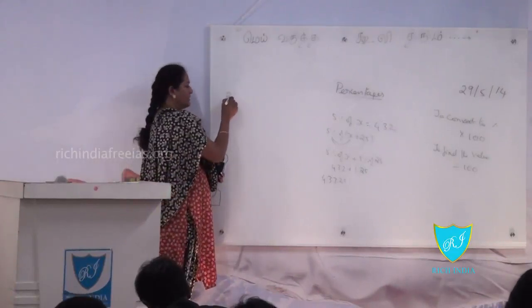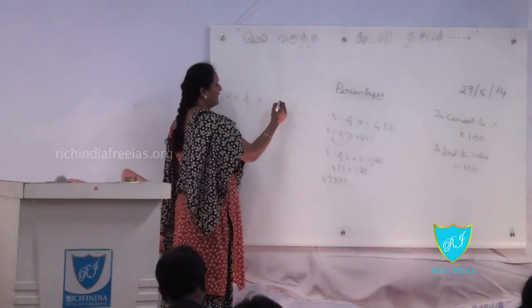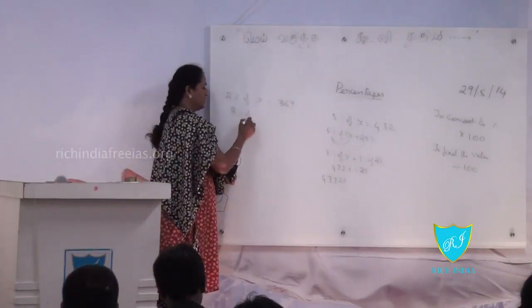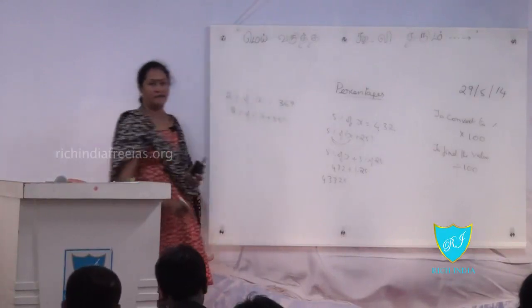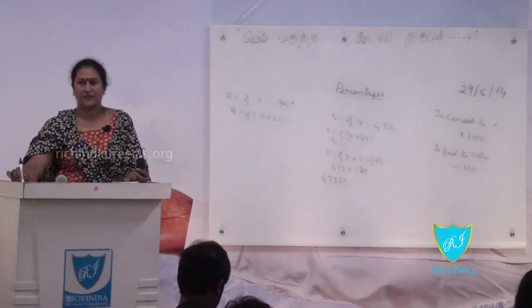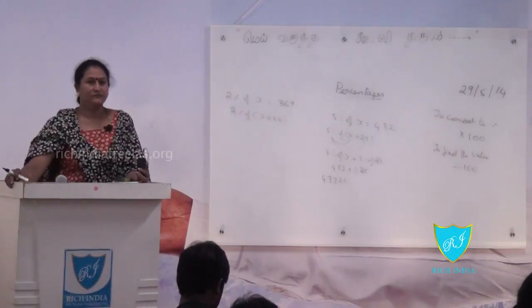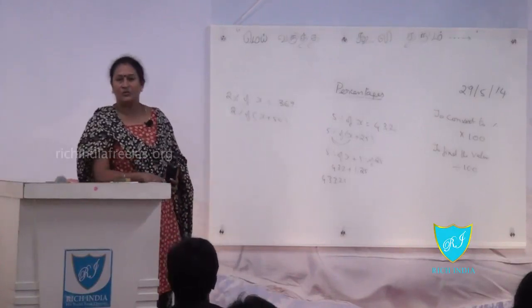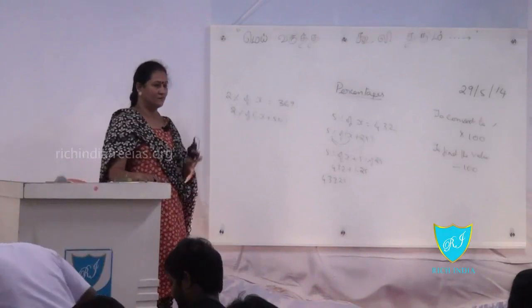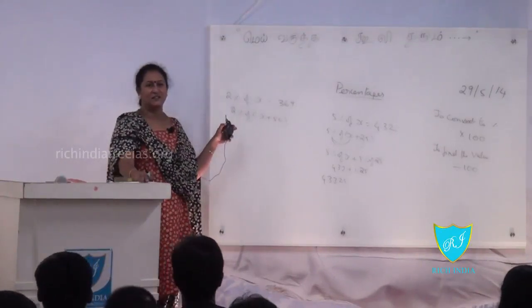Say for example, 2% of x is 369. So what will be 2% of x plus 50? So the answer is 370.